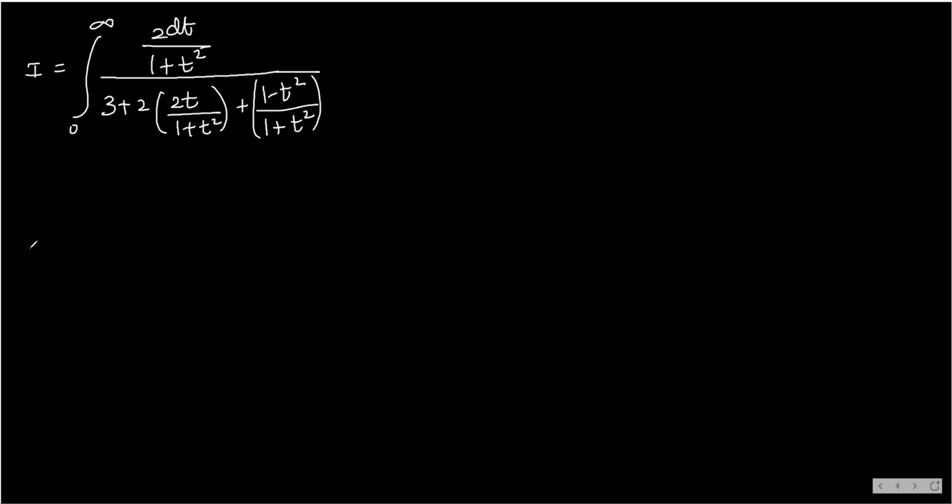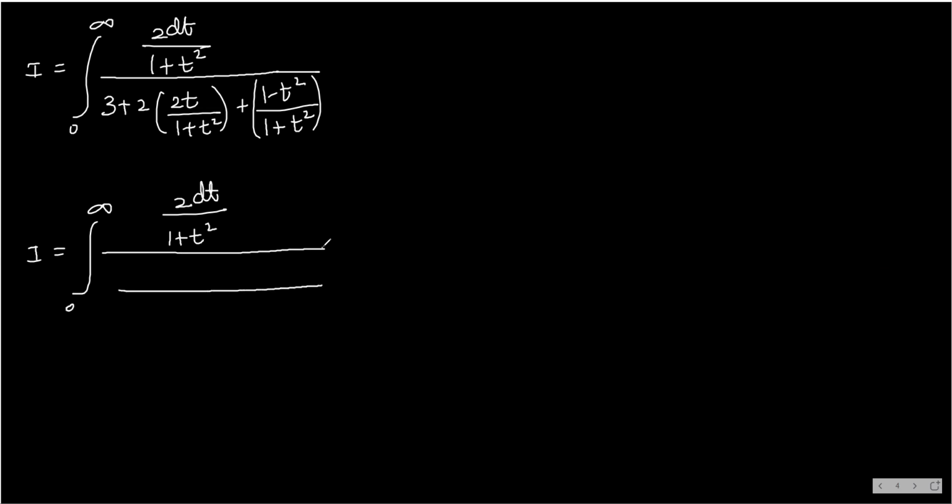Okay, so we have therefore I equals integral from 0 to infinity, and you have here 2 dt upon 1 plus t square, and here I take LCM as 1 plus t square. So I get 3 into (1 plus t square) plus 4t, 2 multiplied by 2t, plus (1 minus t square).